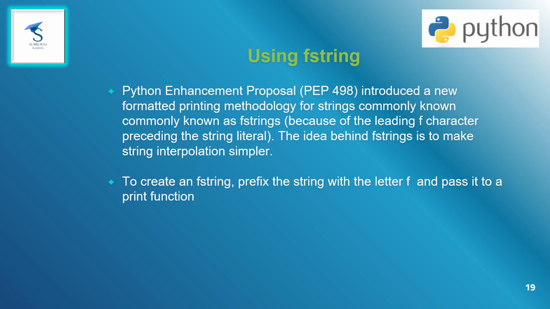The idea behind f-strings is to make string interpolation simpler. I'm not going to give an example for this, but you know there's something called f-string introduced by PEP 498. To create an f-string, you prefix the string with the letter F, which we were not doing earlier, and pass it to the print function.